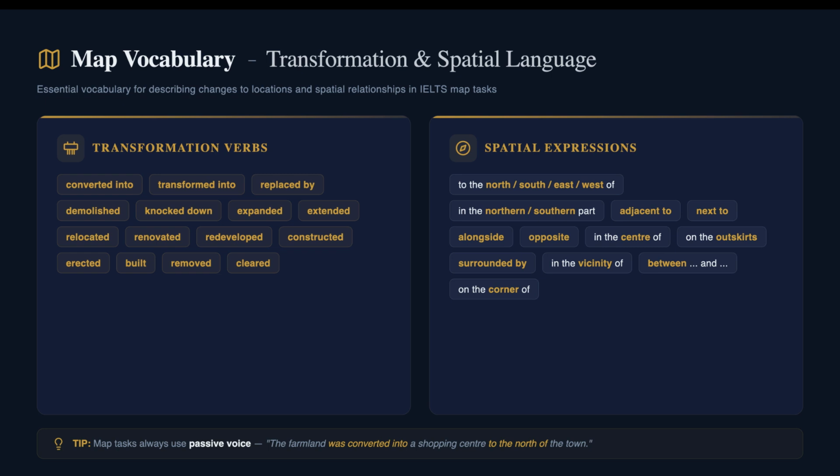Right, so these vocabulary or lexical resources are used to describe transformation verbs.